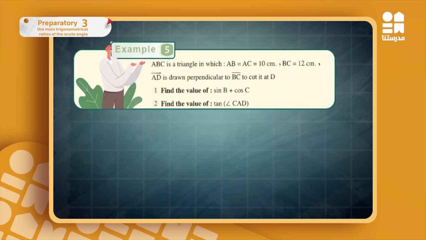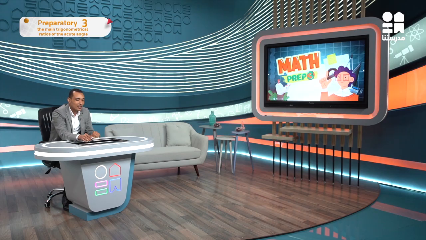And let's see example number 5. ABC is a triangle in which AB is equal to AC equals 10. I hear someone saying it's an isosceles triangle. Excellent. When I have two sides equal in length in a triangle, this triangle is isosceles. And BC is equal to 12 centimeters.